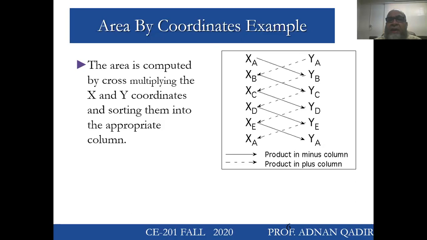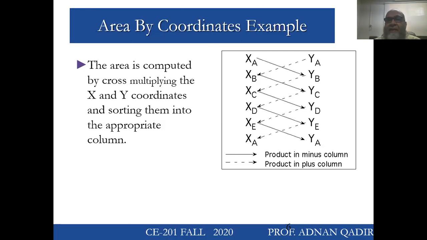So you have coordinates of x: a, b, c, d, e, and then x a. Similarly, y a, y b, y c, y d, y e. You see here that except A, no other coordinates are repeated. Since it's a closed polygon, where you start, you will finish at the same point.